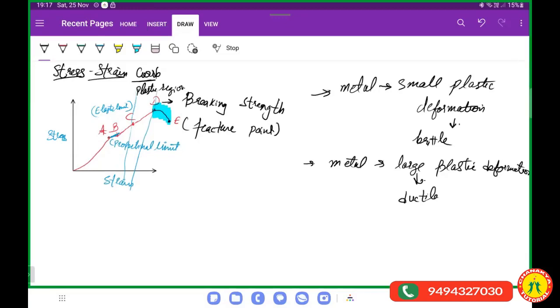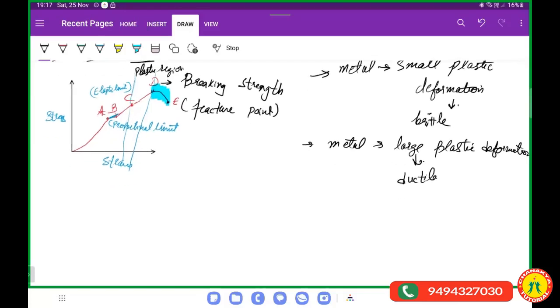Simple. If you remember this, it's more than enough. Anyhow, this chapter will have numericals only, but still we should know theory to understand numericals.